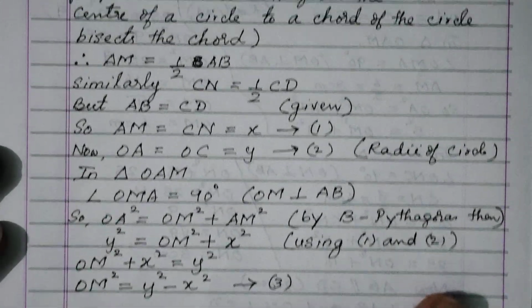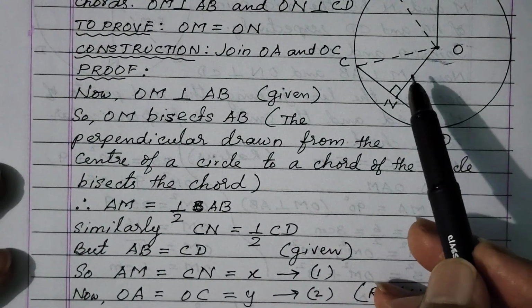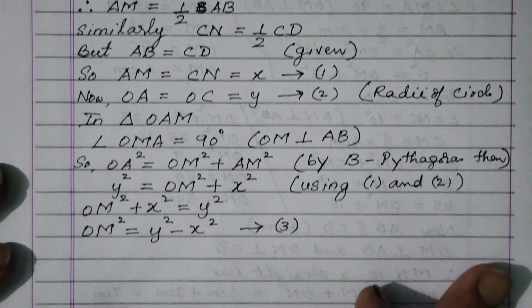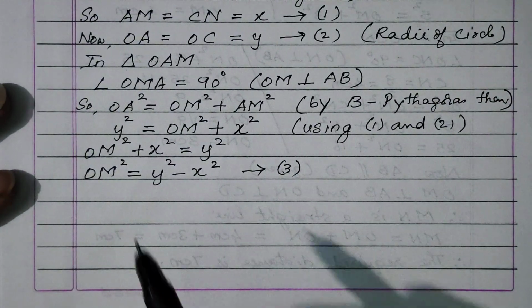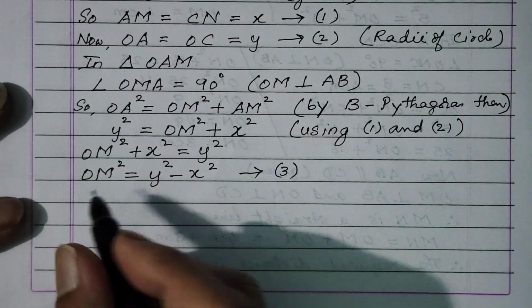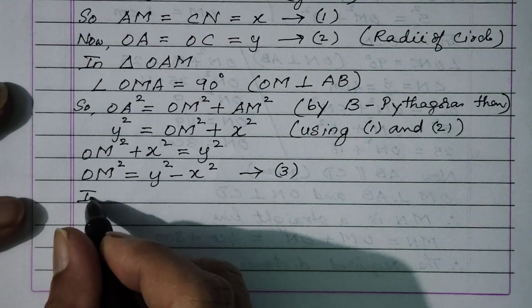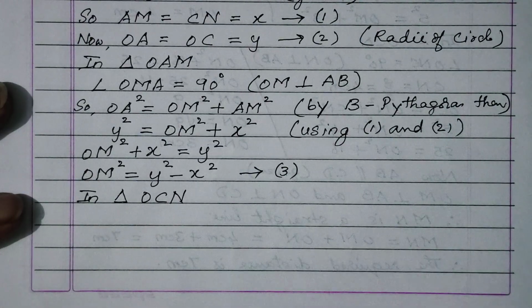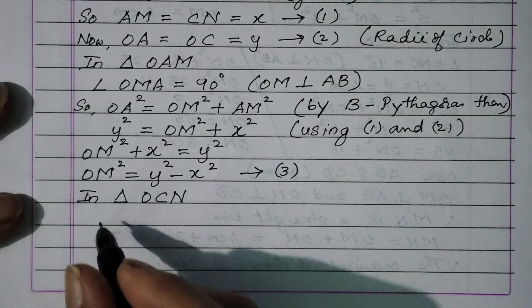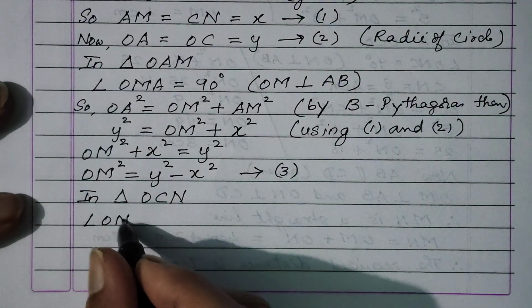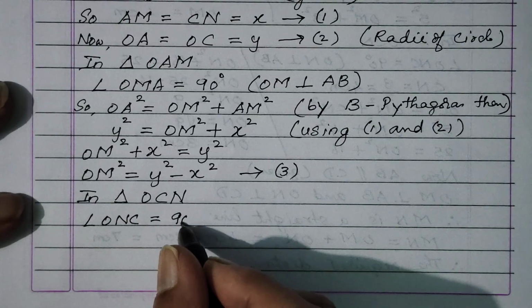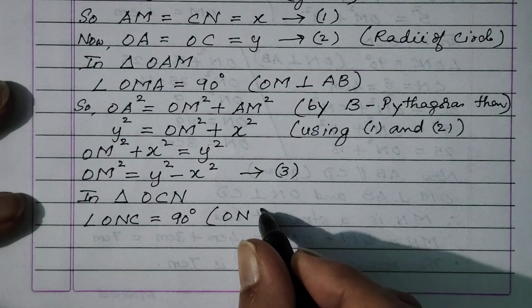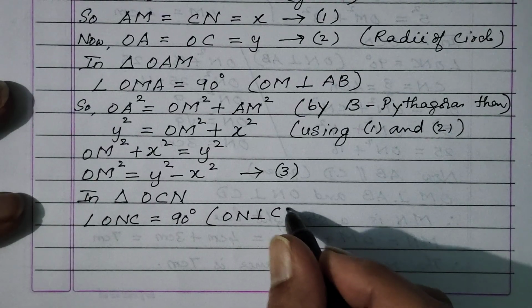Now we will go to the lower triangle, that is OCN. In triangle OCN, angle ONC is equal to 90 degrees because ON is perpendicular to CD.